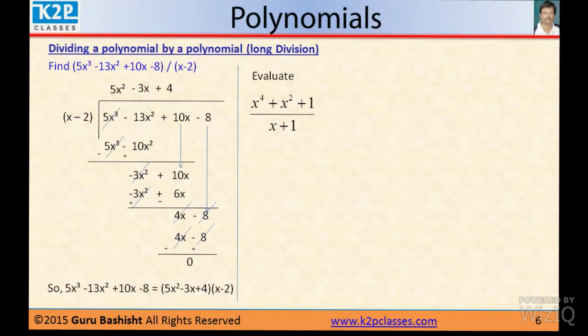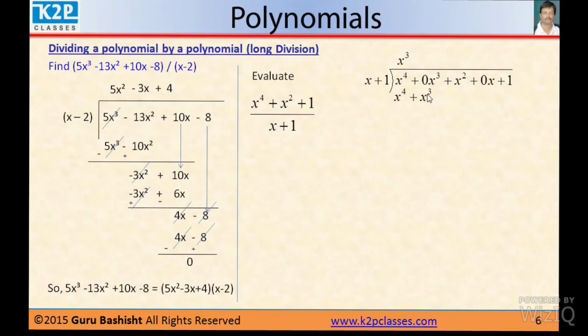Evaluate x to the power 4 plus x square plus 1 by x plus 1. We will start dividing here. So it is x to the power 4. By observing, we can guess that we have to multiply it by x cube to get x to the power 4.